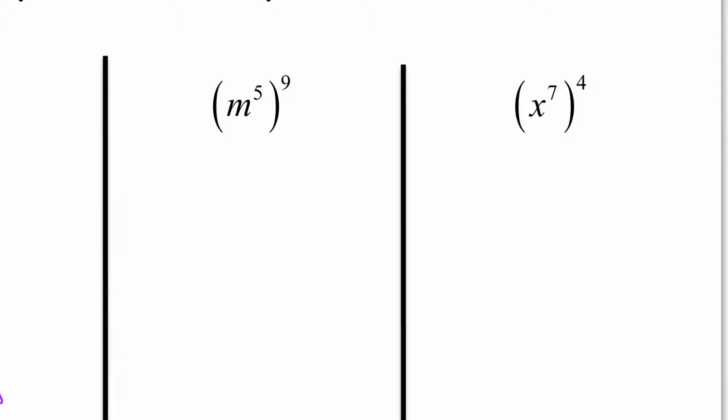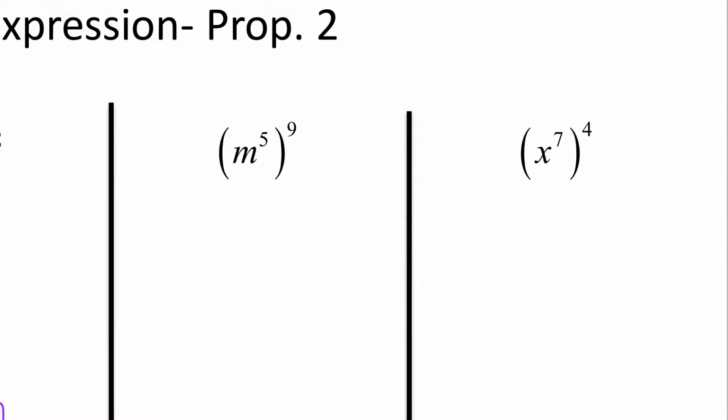Now the next ones have variables, but the idea is the same. You have a variable inside to the 5th power, m to the 5th power, to the 9th power. So parentheses, this is property number 2. I'm just going to show you that property number 2 right here. So we are going to distribute or multiply the exponents. So I'm going to take the 9, and I'm going to multiply by the 5.